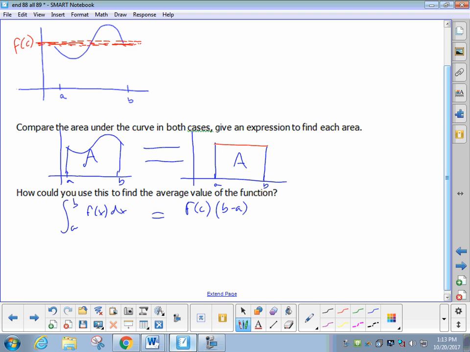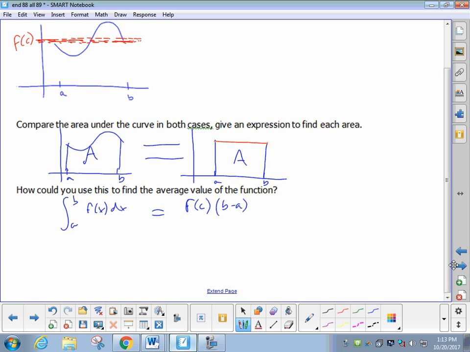Now all that's great, but the original question wasn't, hey, compare the areas of these things. The original question was, what's the average value? Well, where is the average value in this statement?